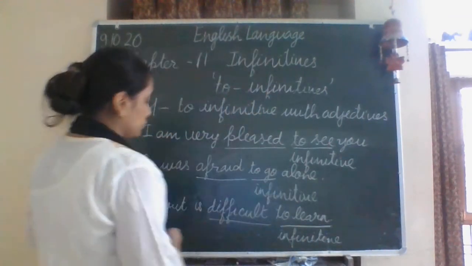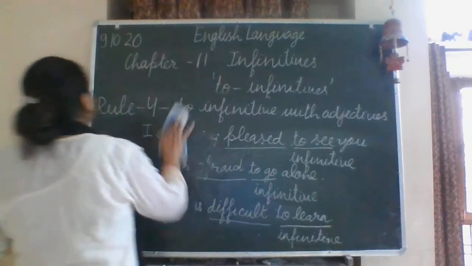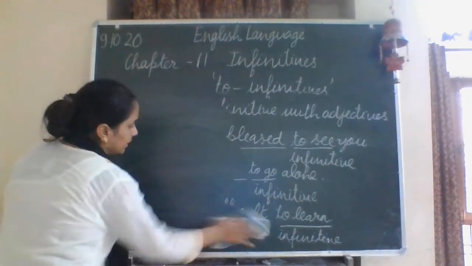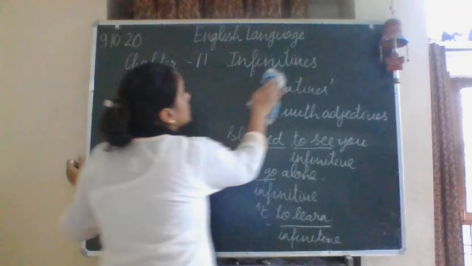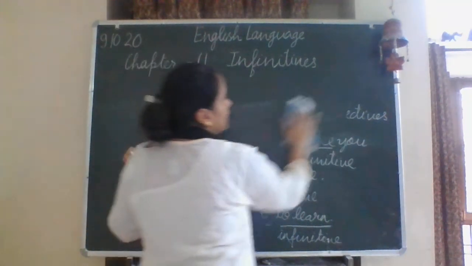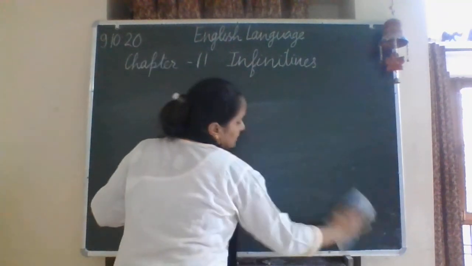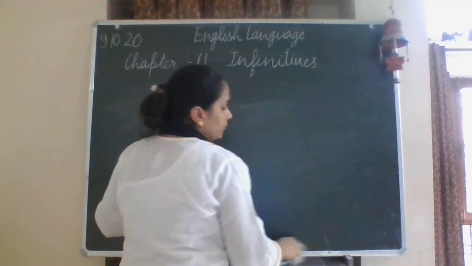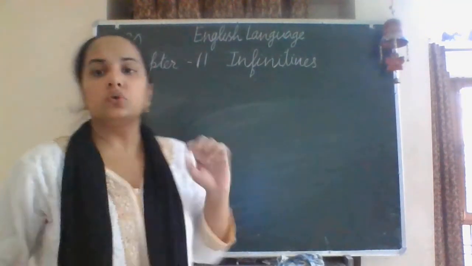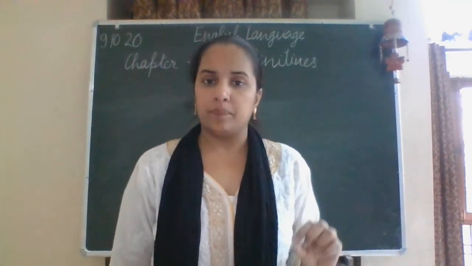Now, what we are going to discuss is the bare infinitives. Bare infinitives are infinitives which work as the infinitive in the sentence, but we do not put the word to before them.